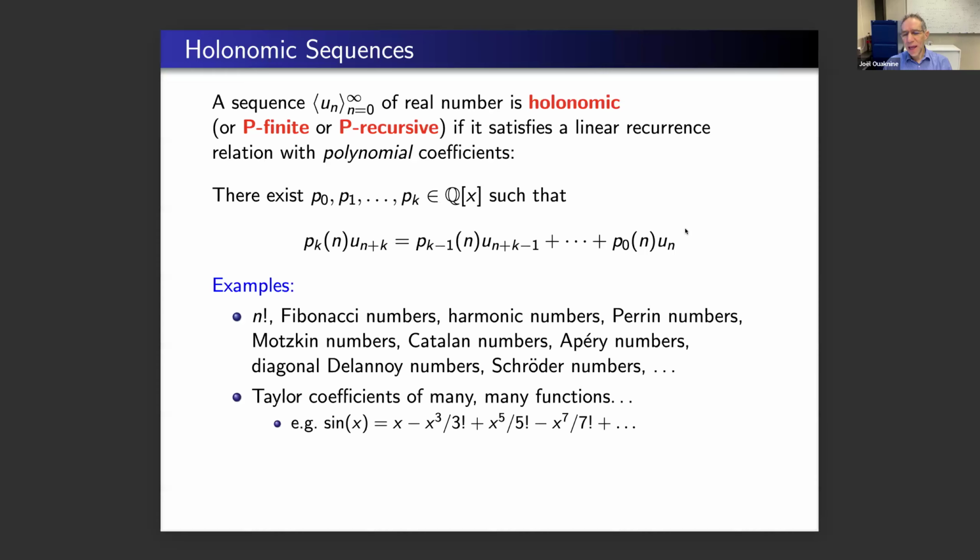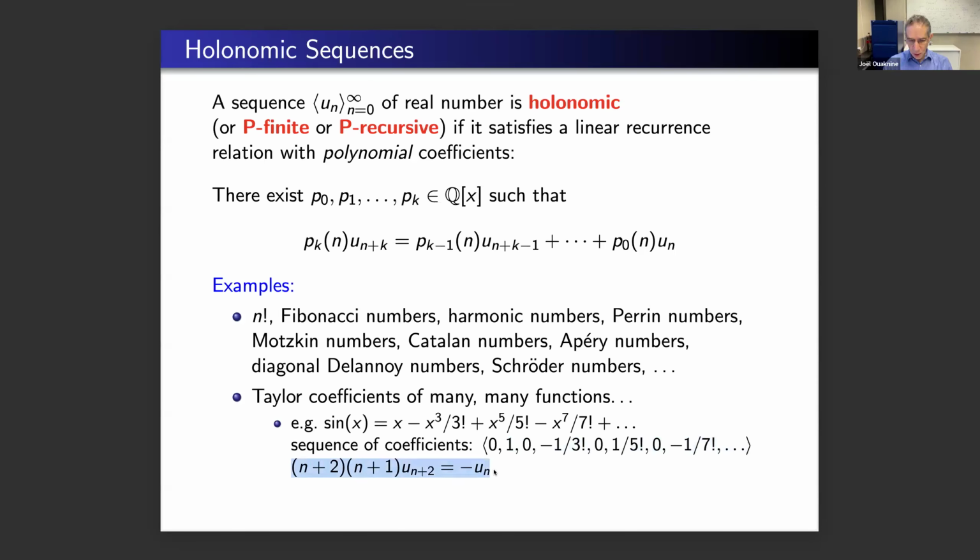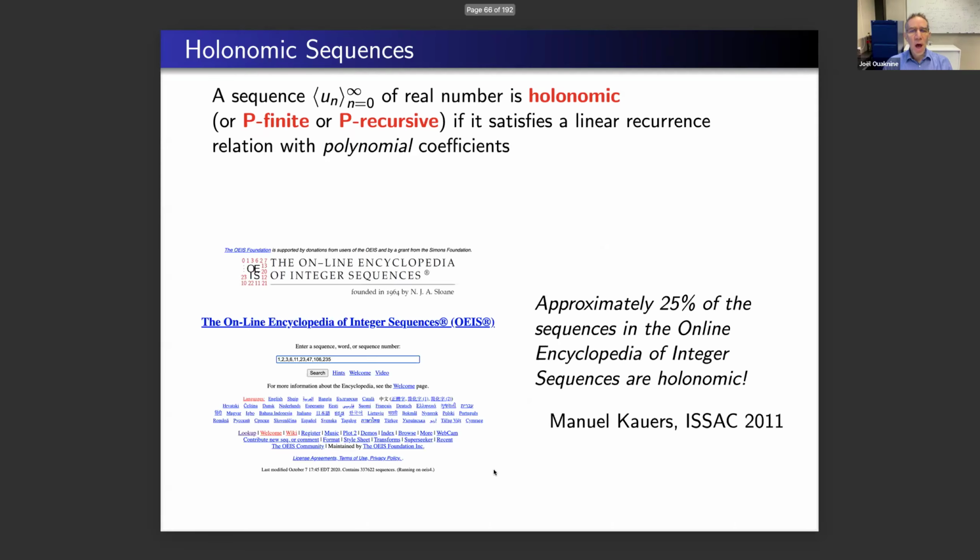So for instance, sine x is given by this Taylor series, and the coefficients have the following form: 0, 1, 0, minus 1 over 3 factorial, 0, 1 over 5 factorial. And the recurrence is as follows, where you have to specify the first two values, 0 and 1. And so the Taylor coefficients of many trigonometric functions are themselves holonomic sequences.